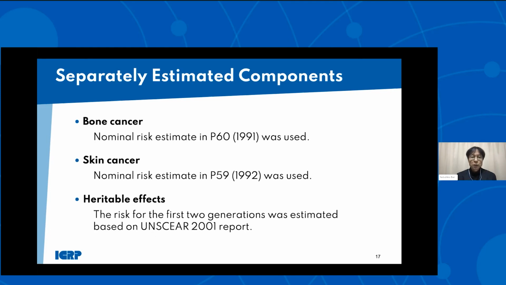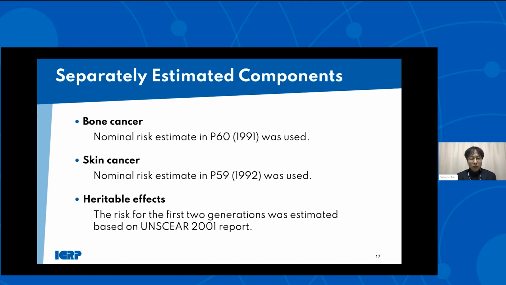So nominal risk estimate in publication 60 was used. For non-melanoma skin cancer, it was judged that the LSS may not demonstrate the risk for general population because of differences in skin pigmentation. And for this reason, nominal risk estimate in publication 59 was used.